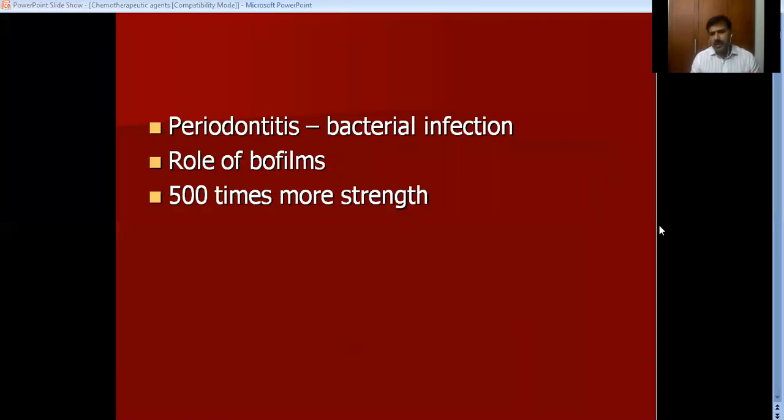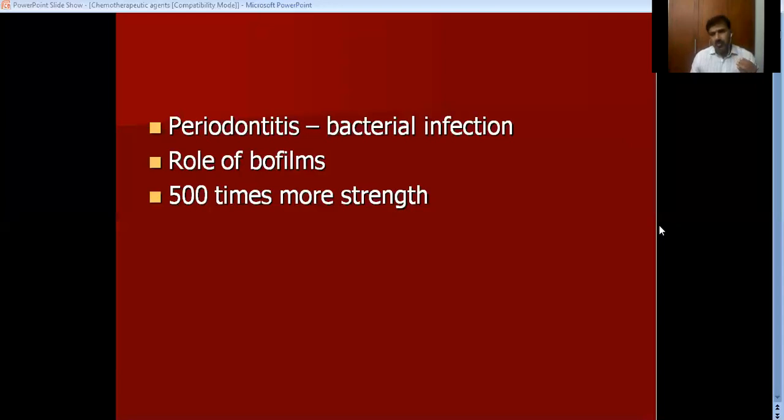you know that in the oral cavity, if you take a plaque sample, you may find that there are about 400 or probably 500 different species of microorganisms present at a single point of time. But we all know that all these microorganisms don't cause any disease.